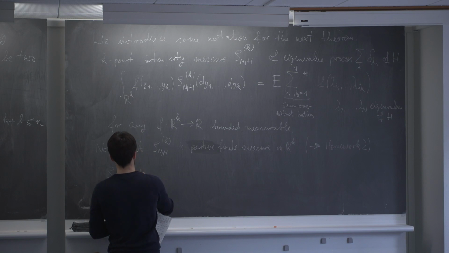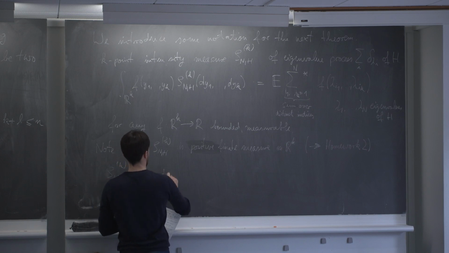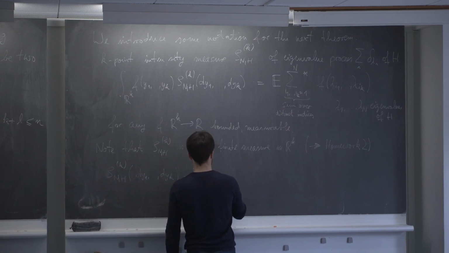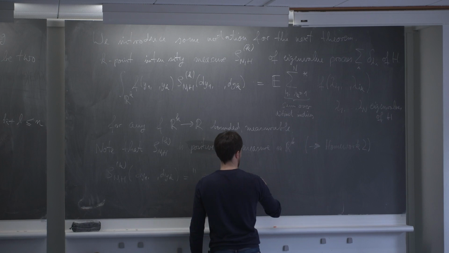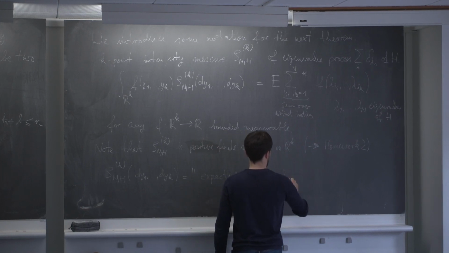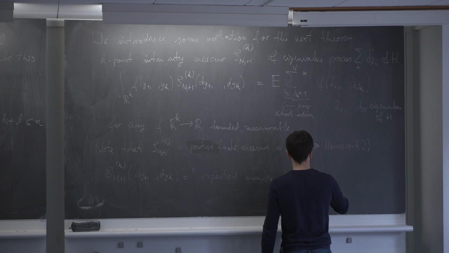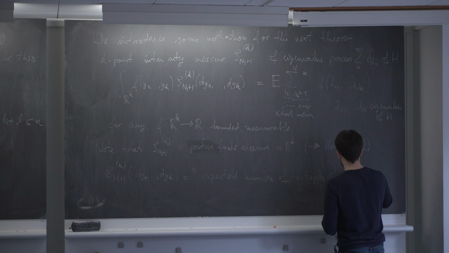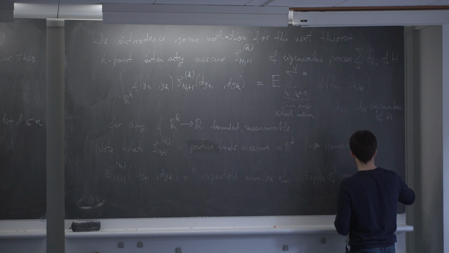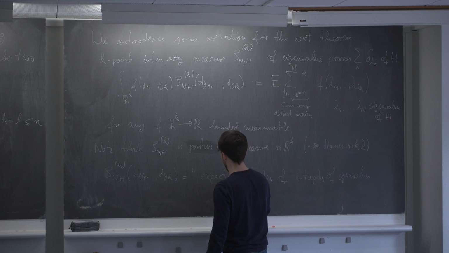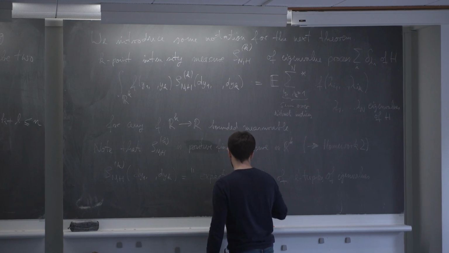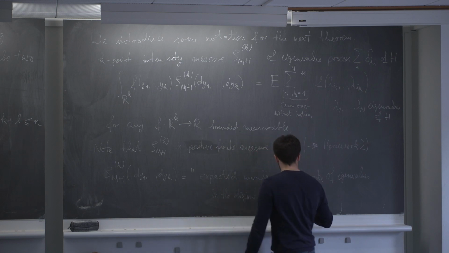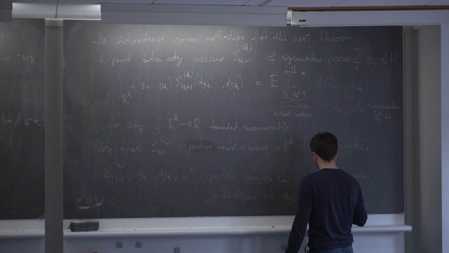if I evaluate it at these sets, then this is something like the expected number of k-tuples of eigenvalues in the disjoint sets dy1 up to dyk.